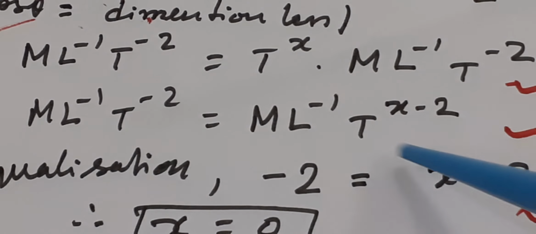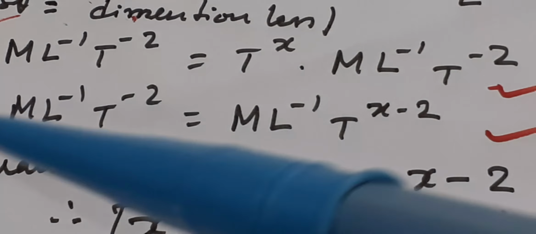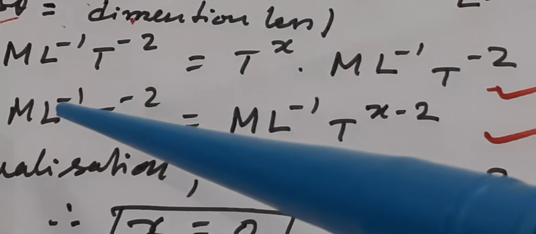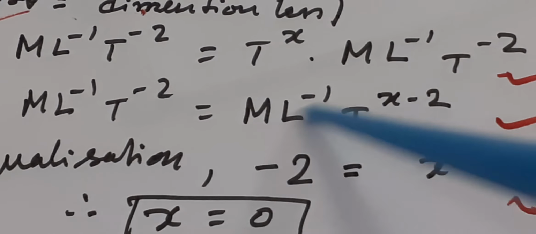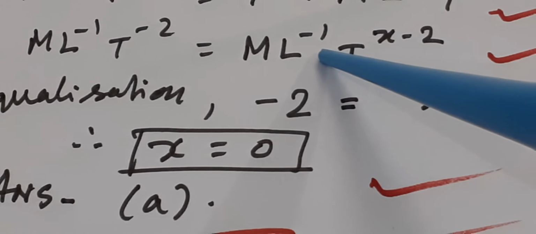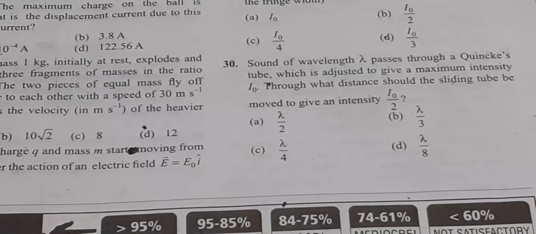Now solving left and right, you can see it will give T to the power x minus 2, and L to the power minus 1 cancels. T to the power minus 2 means minus 2 equals x minus 2. That means x comes out to be 0. That means A will be the choice here. In the question it is given, A will be the answer.